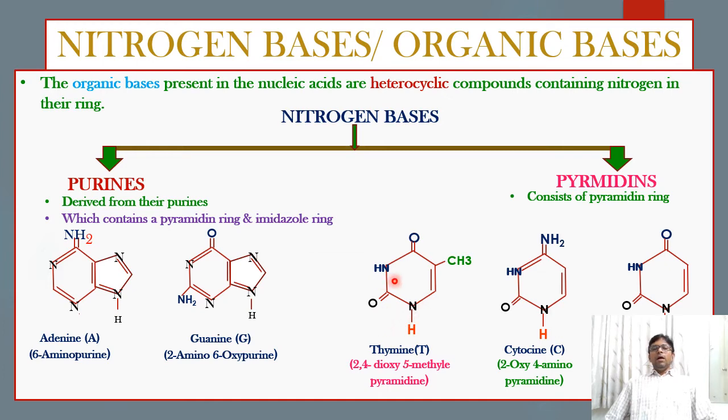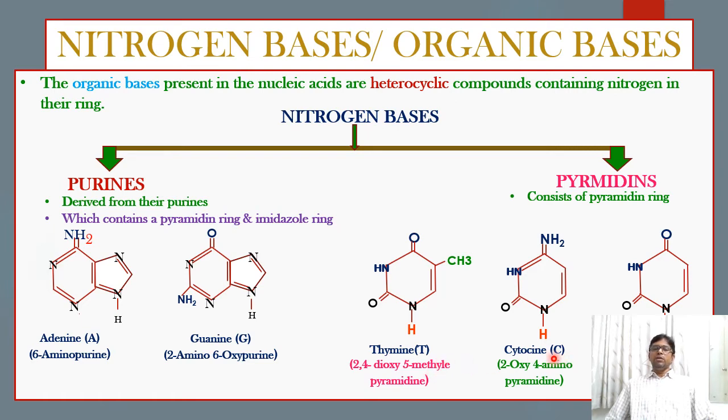Here on 2nd carbon and 4th carbon, 2 oxygens are present. That's the reason why 2,4-dioxy. And on 5th carbon, one methyl group is present, so the chemical name of thymine is 2,4-dioxy 5-methylpyrimidine.